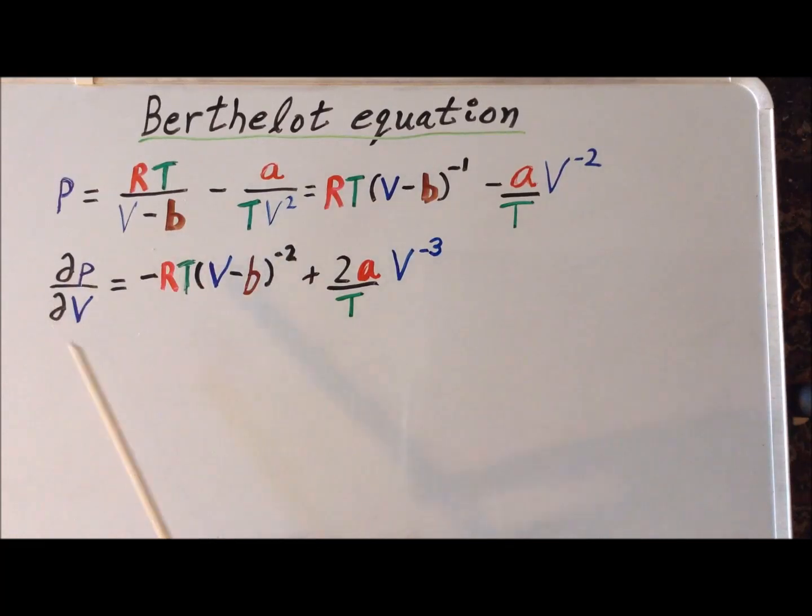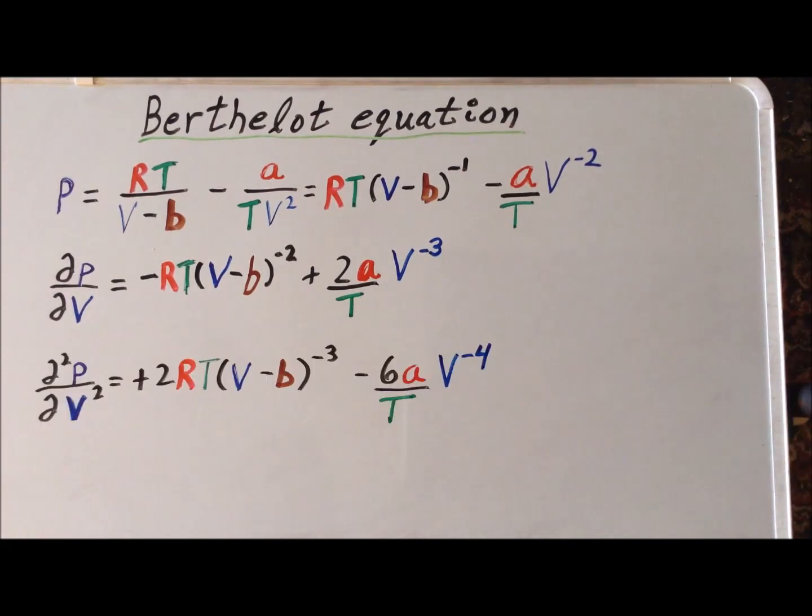So that gives us plus 2a over T times v to the minus 3. And this gives us a version of the first derivative that we're going to use to now take the second derivative, using the fact that the second derivative is the first derivative of the first derivative. Again, using the properties of the derivative of powers of a function, we have our minus 2 times a minus 1 gives us a plus 2 in front.